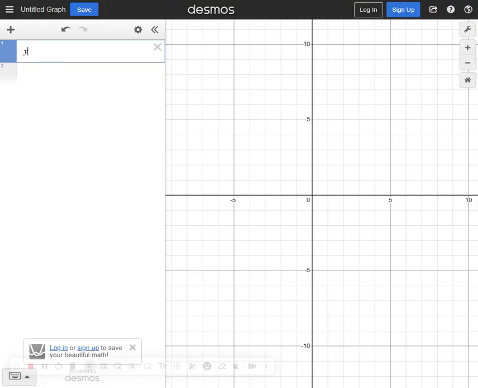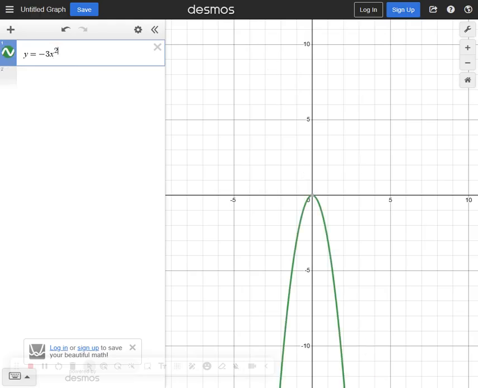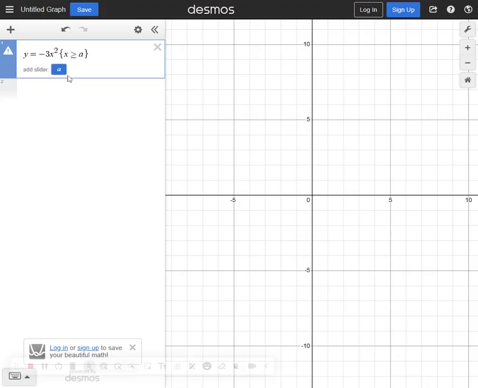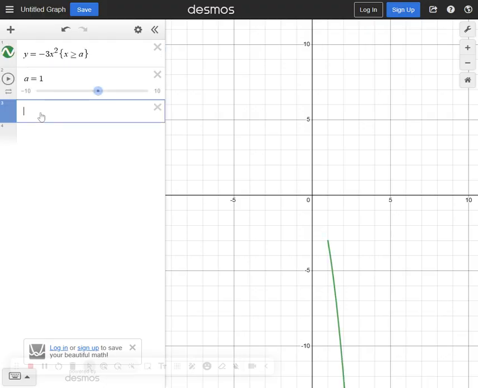Number 2. Y equals negative 3x squared. Restrict slider x greater than or equal to a. But now for the inverse, that would be x equals negative 3y squared.